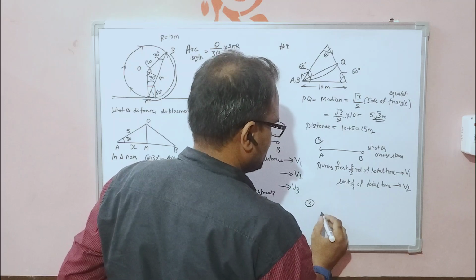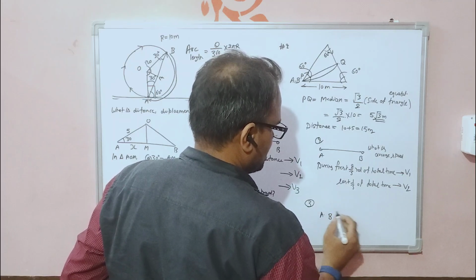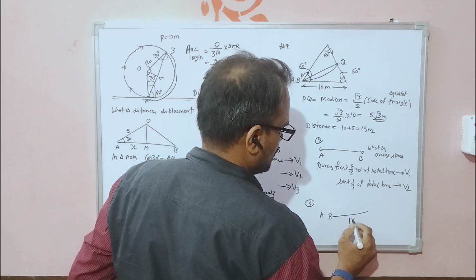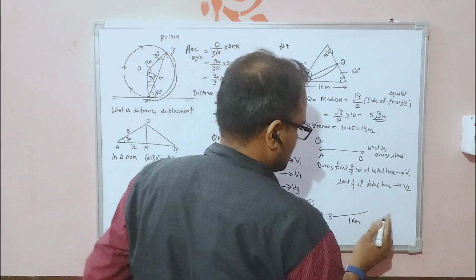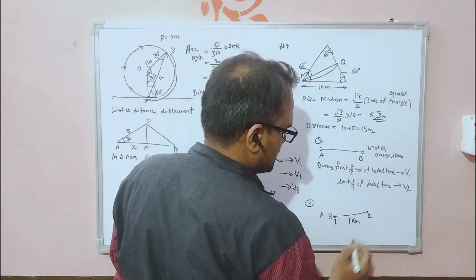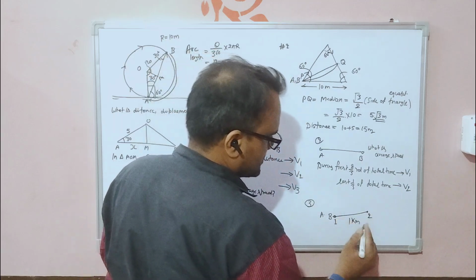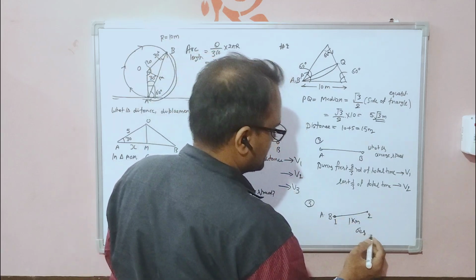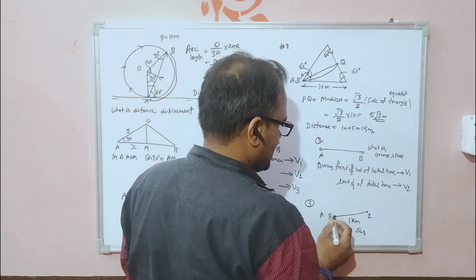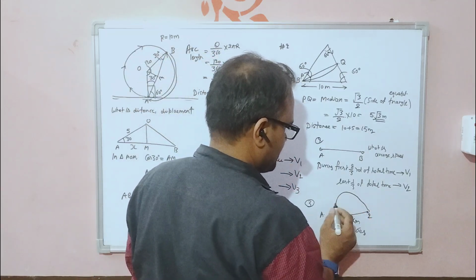Okay, now question number 3 is, there are two persons A and B. B moves along this straight line, which is a 1 kilometer path, and suppose this is point first, this is point second, and person B takes 60 seconds to complete it, right? And person A takes this path.